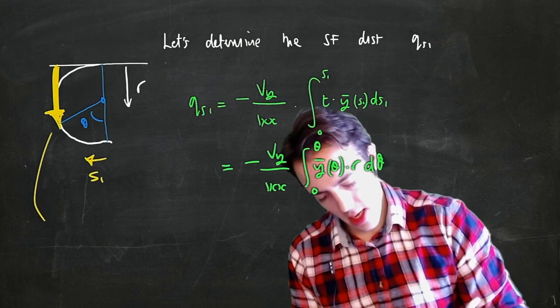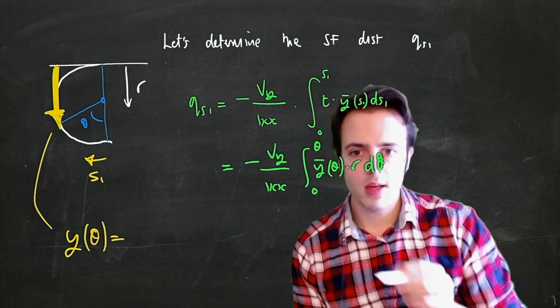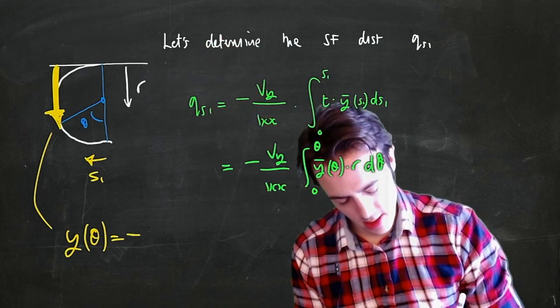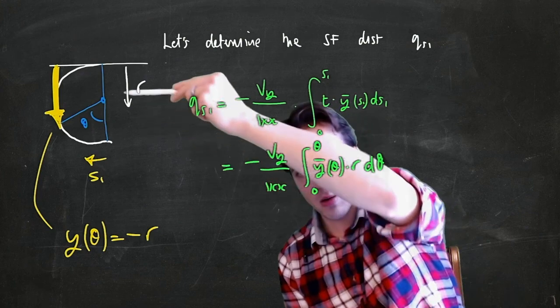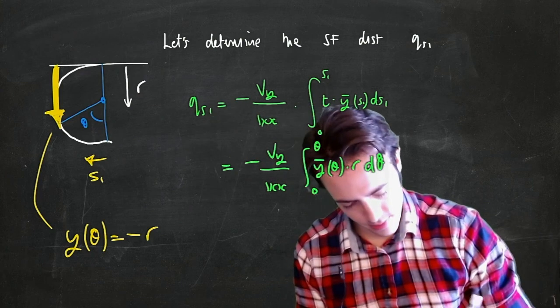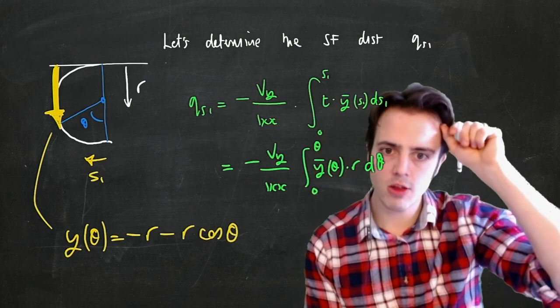So it's going to be y as a function of theta is going to be minus r, which gets us to the center, minus r cosine theta. Okay, just basic geometry, guys.